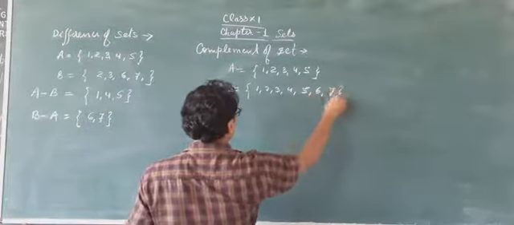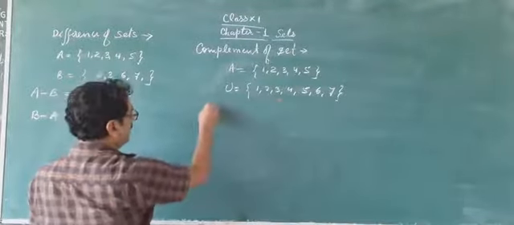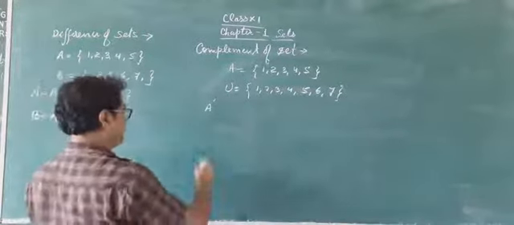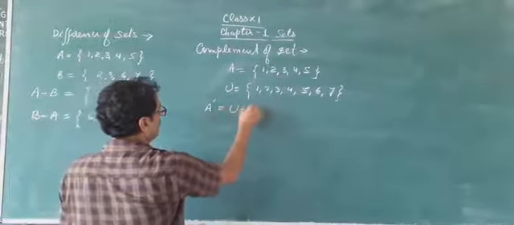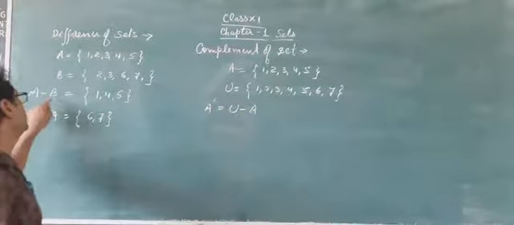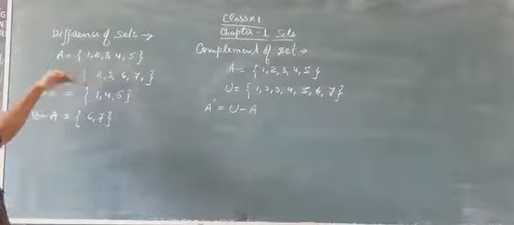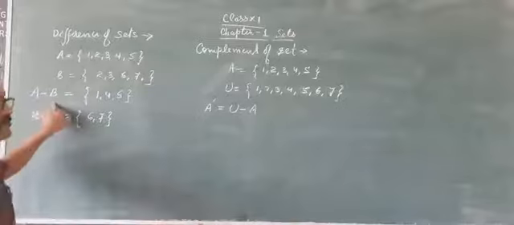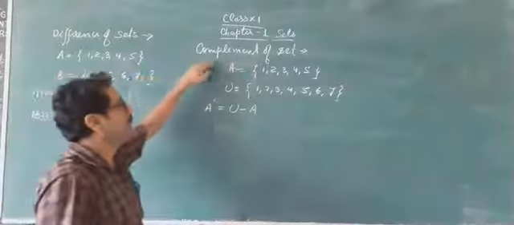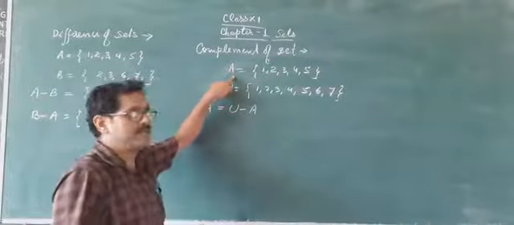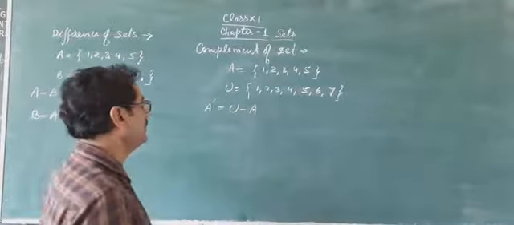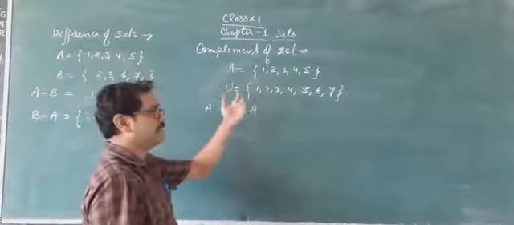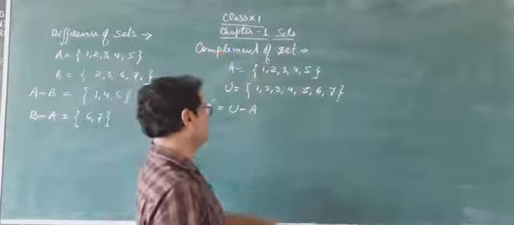A dash, the complement of set A, is equal to U minus A, just like the difference of sets. But in difference of sets we subtract one set from the other set, and in the complement of set the set is subtracted from the universal set. The universal set is different for different sets; we take the universal set with respect to the given set.